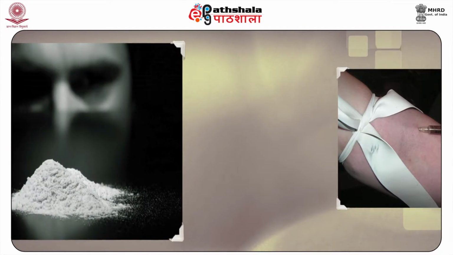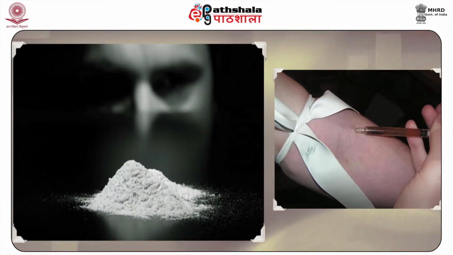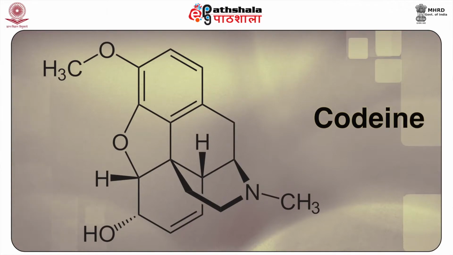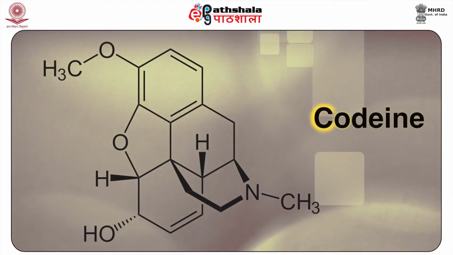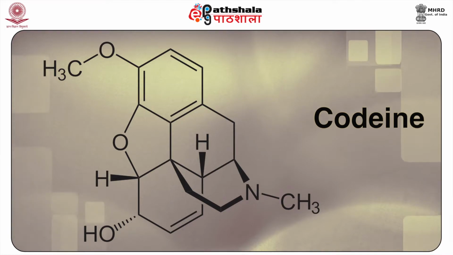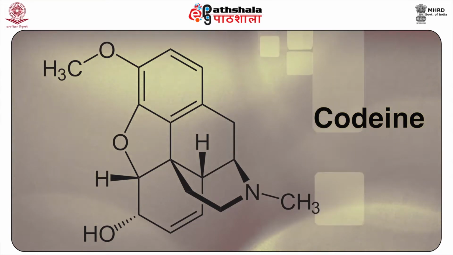It may either be injected or sniffed to cause similar effects to those of opium, but with higher magnitude. Next is codeine, also a derivative of morphine but less effective as an analgesic. It acts as a base substance in many pain relievers and cough remedies.